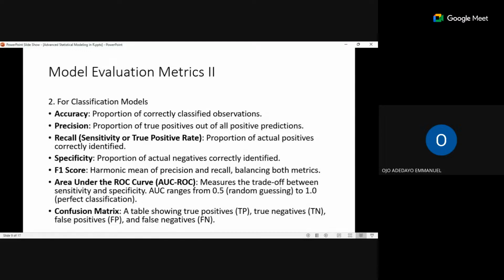So precision is the proportion of true positives out of all the positive predictions. We have true positives and then we have what we call the positive. Someone may test positive to HIV.